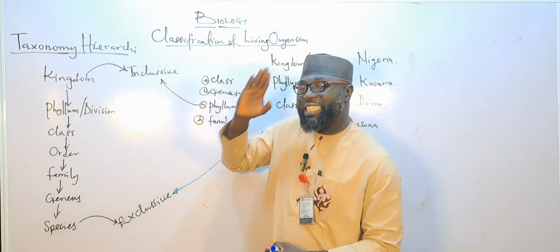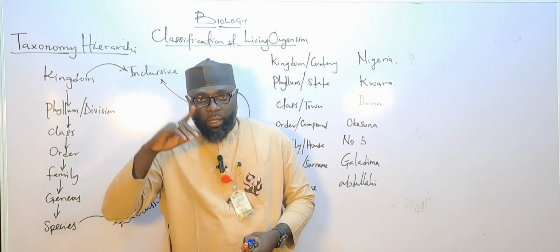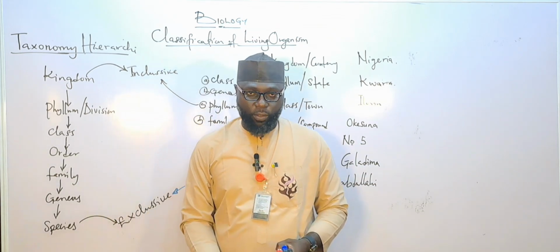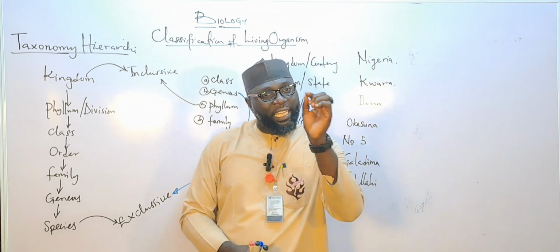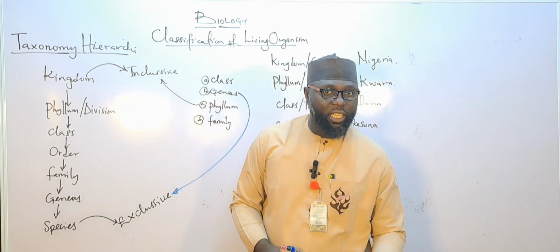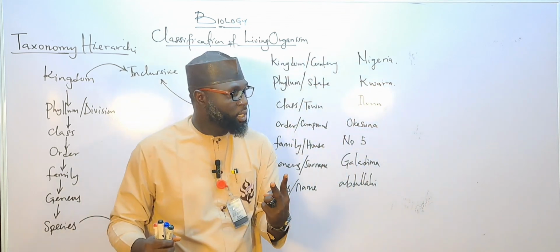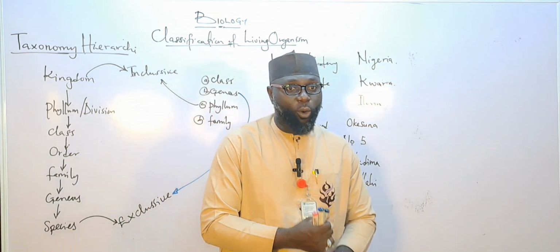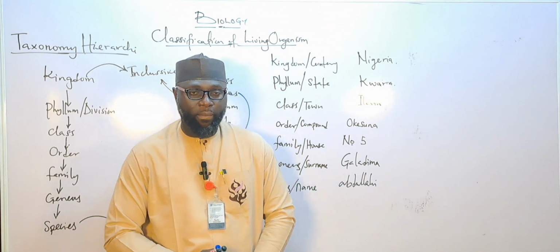In systematics, Carolus Linnaeus classified all living things into two kingdoms: Kingdom Plantae and Kingdom Animalia.